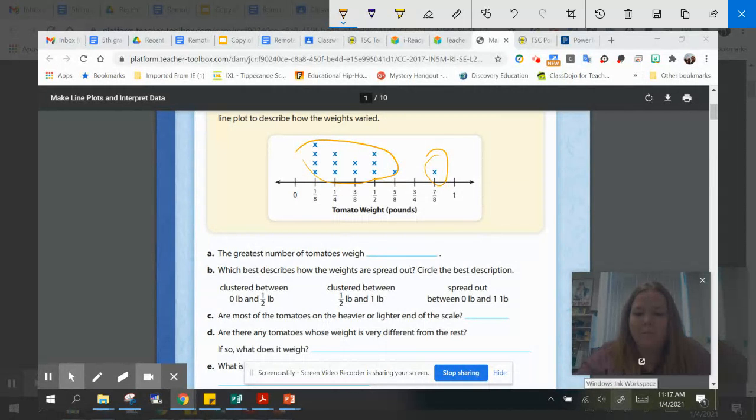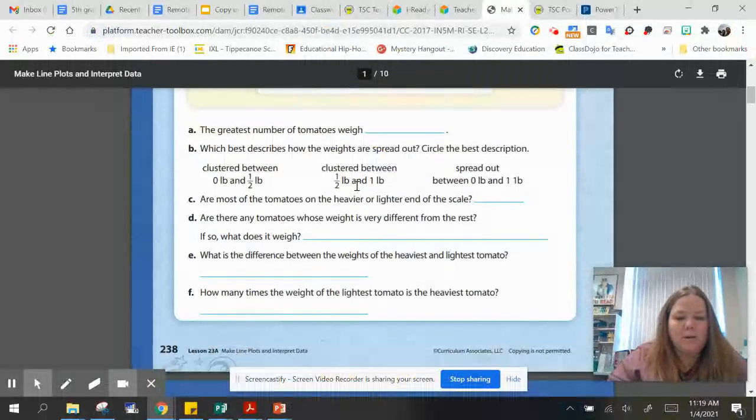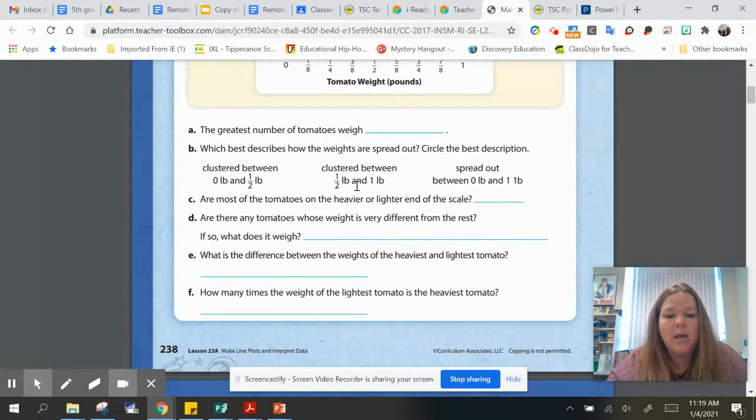So when it says, is there any weight that's different from the rest? You would say yes, 7/8 pound. By the way, LB is how you show pound.